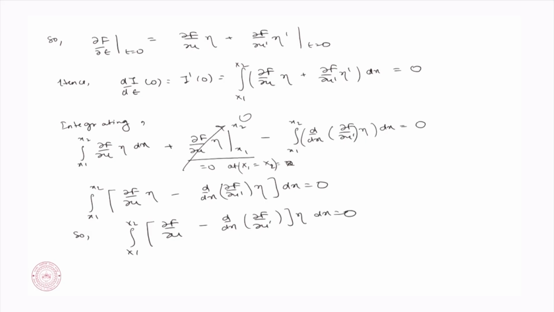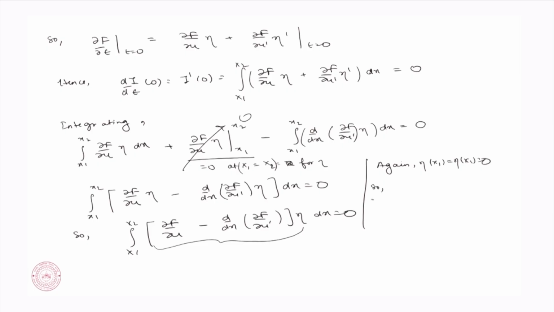Now, again we know that eta values at x1 and x2 are 0, eta x1 equals eta x2 equals 0. That is what we said for eta over here, right. So, if eta values are 0 at x1 and x2 and you are doing this integration with respect to dx, then the part of the integrand apart from the eta needs to be 0, and that is the necessary condition.